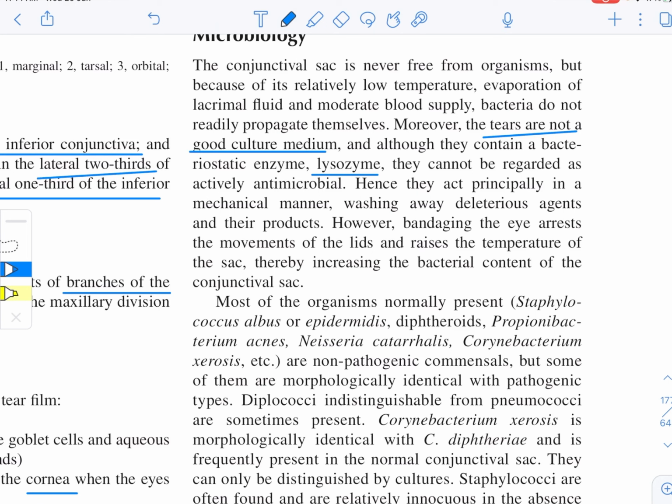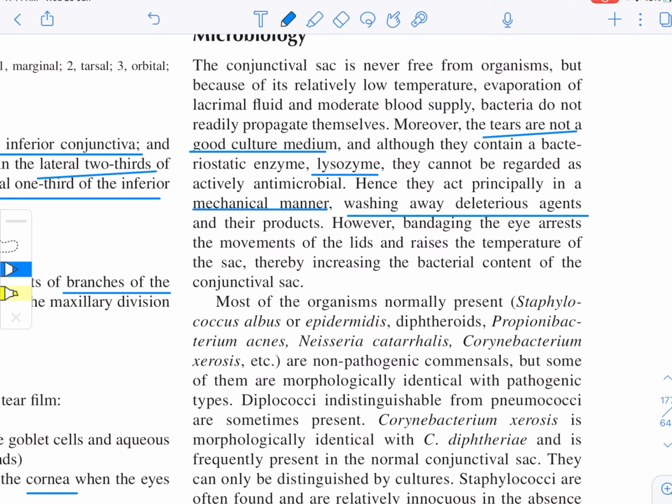Hence, they act principally in a mechanical manner, washing away deleterious agents and their products. However, bandaging the eye arrests the movement of lids and raises the temperature of the sac, thereby increasing the bacterial content of the conjunctival sac.